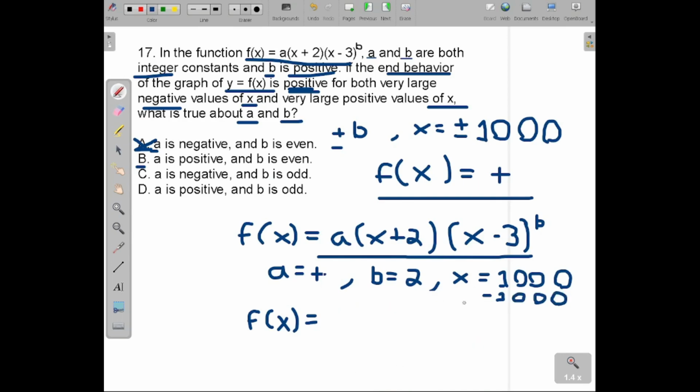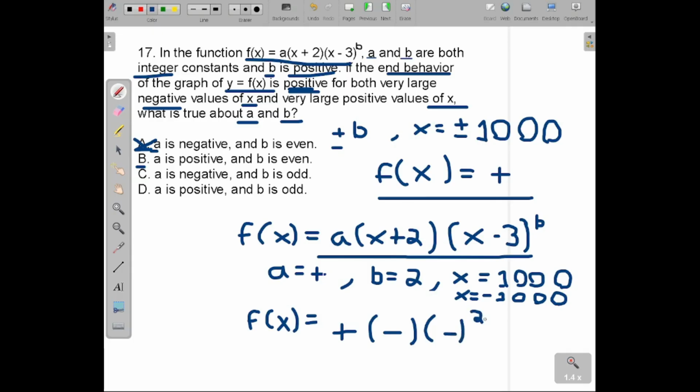We still have to try with the negative value of x. So let's try that. A is positive, so if x is negative, x plus 2 will be negative. Negative 1000 minus 3 is negative 1003, negative.